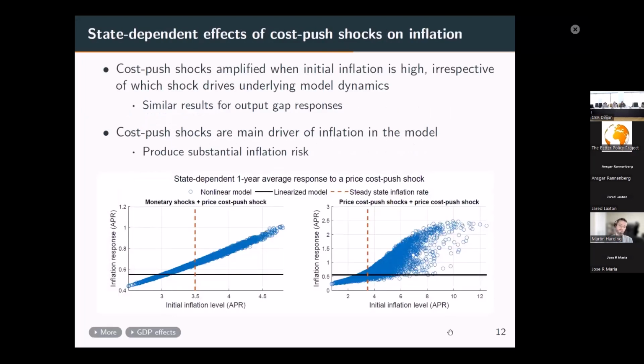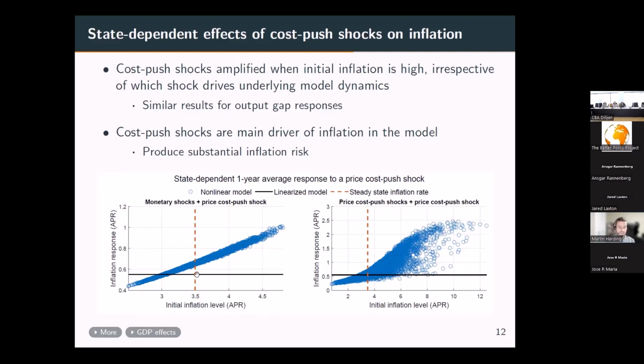Here I'm showing you two shocks. If you focus on the left-hand side chart first, I'm showing you the inflation responses, the 1 year ahead response of inflation to a price cost push shock when the model is driven by monetary shocks. So again, this is the same simulations that I was showing you in the previous slide with the Phillips curves.